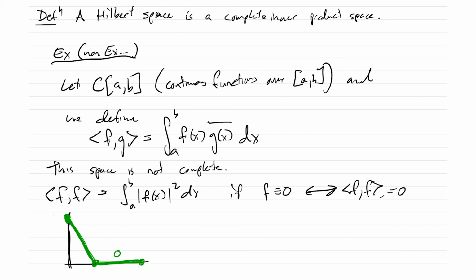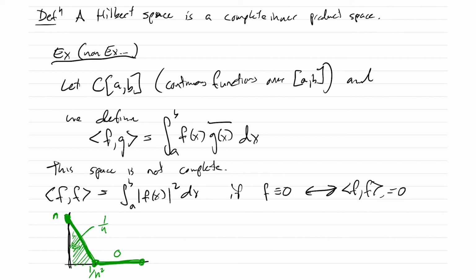In this case, I'm going to choose this to be n, and I'm going to choose this to be 1 over n squared. And so the overall area that we have in here ends up being 1 over n, right?